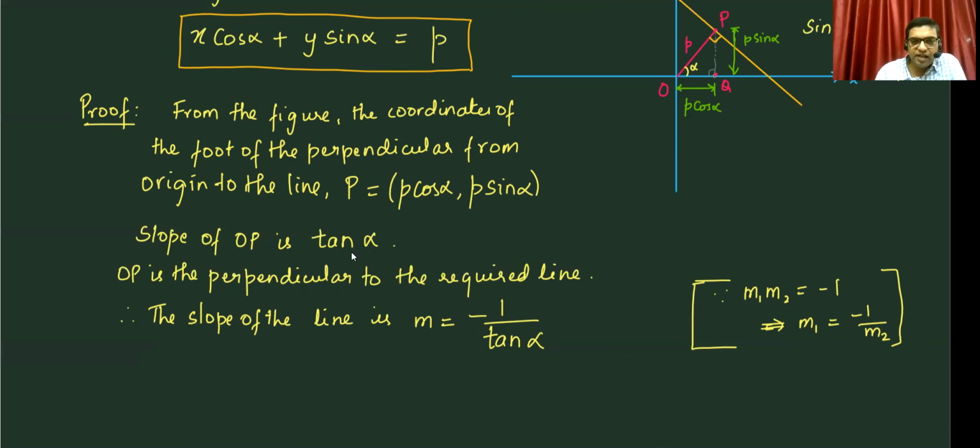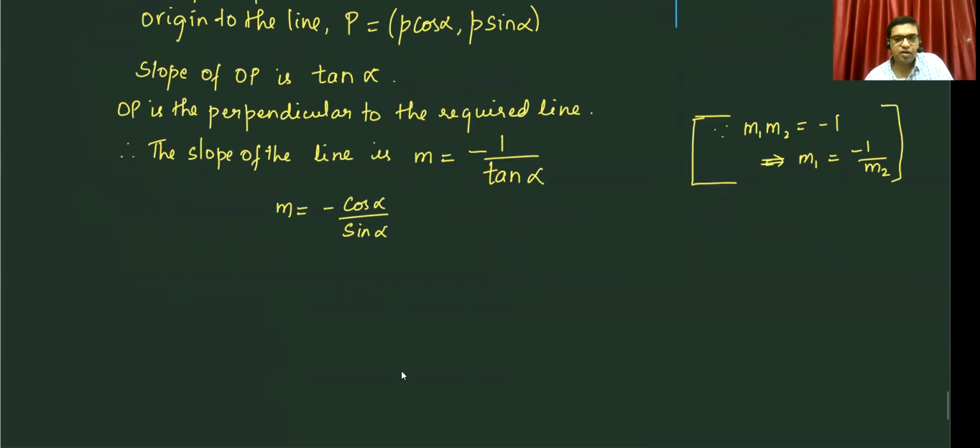So the slope of OP is tan alpha, and OP and the required line are perpendicular, so the slope of the required line will be minus 1 times the reciprocal of the slope of OP. So that's what we did. And we know that tan alpha is sine alpha by cos alpha. Basically, it is cot alpha.